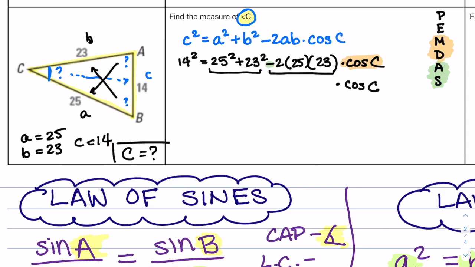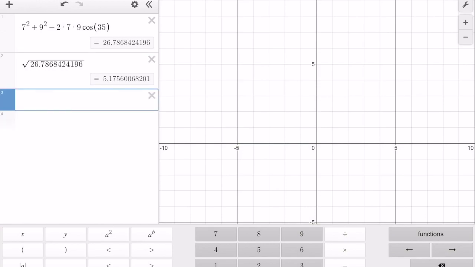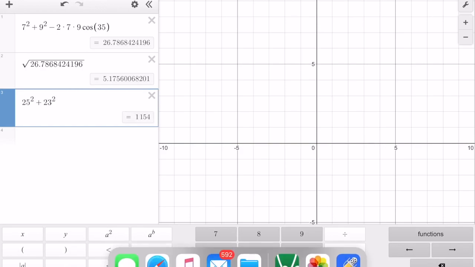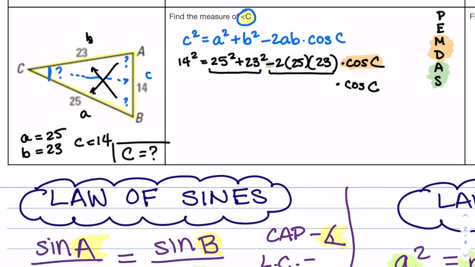So let me go into Desmos real quick. Let's see, 25 squared plus 23 squared. So that's 1,154.